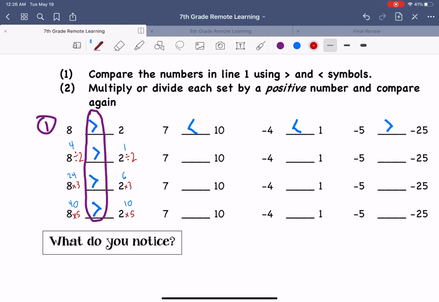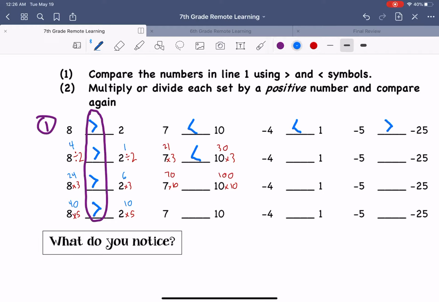Now we have 7 and 10. We can't really divide them by anything and get a whole number, so we're not going to, but let's do 3 again. So we've got 21 and 30, and 21 is still less than 30. Let's pick a different number. Let's multiply by 10. So I've got 70 and 100.